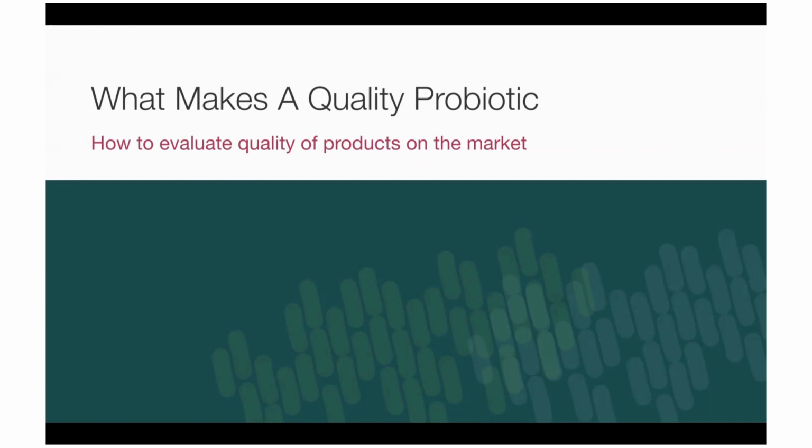Let's spend just a few minutes reviewing how to pick a quality probiotic. There are a ton out there, and it is very important to make an educated decision and be able to explain to your patients why you are recommending they take one product over another product, especially when it is becoming increasingly easy for patients to get their hands on products that may or may not be the quality you would like them to have.